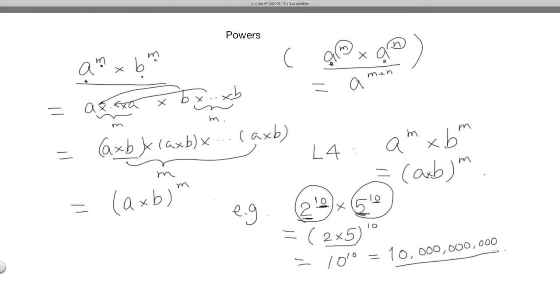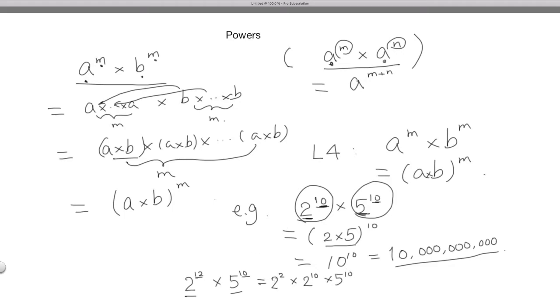And that's pretty cool. What if I have the following example, 2 to the power 12 times 5 to the power 10? Now the bases are different and the powers are different. What can you do now? Well, the common trick is making the powers the same. 2 to the power 12 equals 2 squared times 2 to the power 10, so we have 2 squared times 2 to the power 10 times 5 to the power 10.